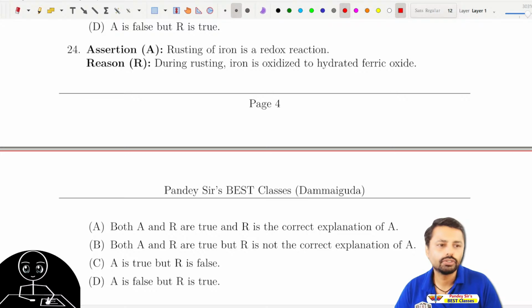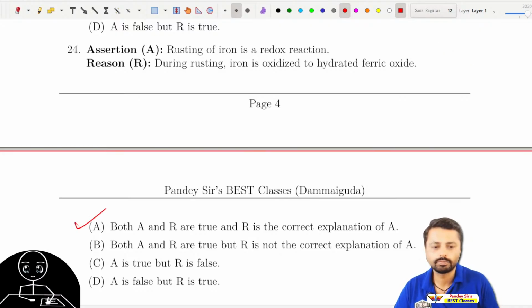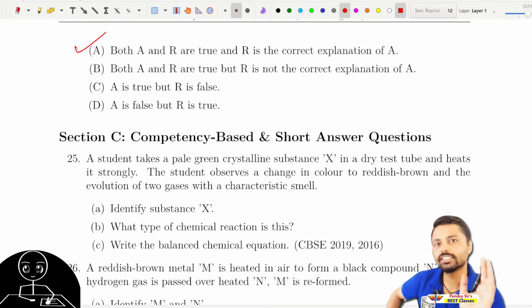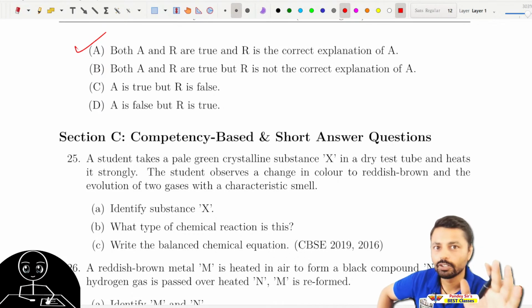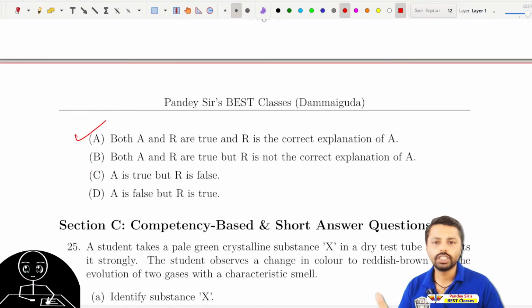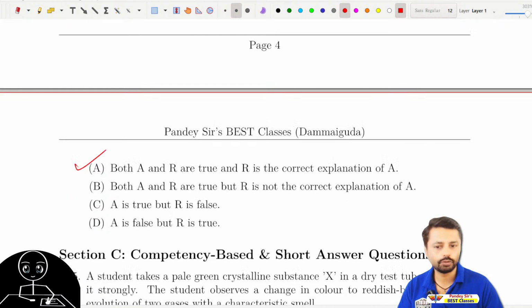FeO2, Fe2O3, Fe2O3 plus Fe3O4, both get produced. So yes, iron and oxygen are involved, and both are correct. In the exam, real assertion and reason questions are very, very tough. So we'll practice assertion reason separately some other time. But for you, it will be good to practice all the related equations I have already shown you and told you.